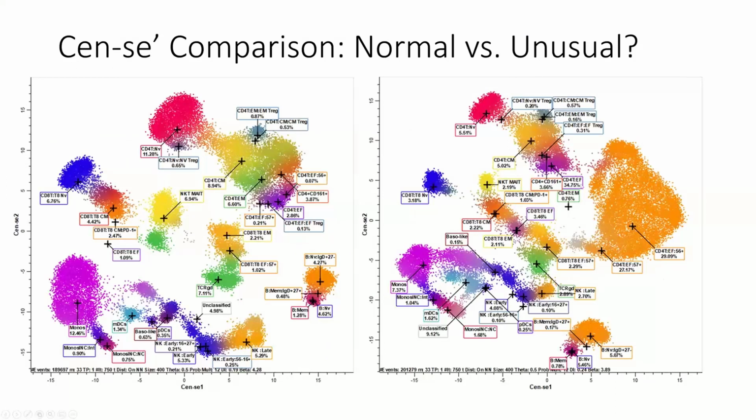We have the expanded population. It gives you a really good idea that maybe there's something unusual about this particular donor's PBMCs, or I don't know if we can call it abnormal, but it's at least a little unusual. And maybe there are some differences in these other populations as well.